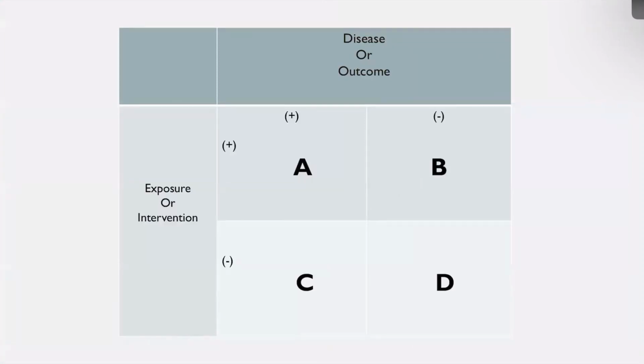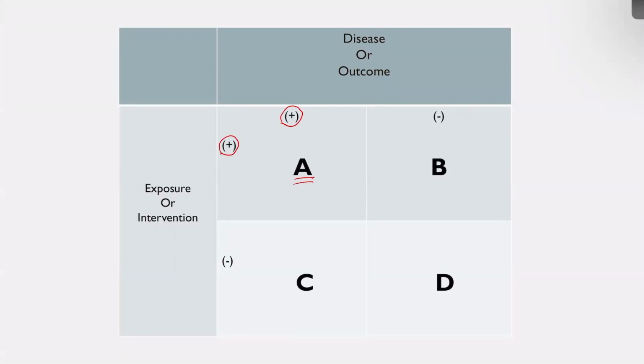Here we have 4 letters, letter A, B, C, and D. If the disease or outcome is present and the exposure or the intervention is also present, then we have the letter A for that.